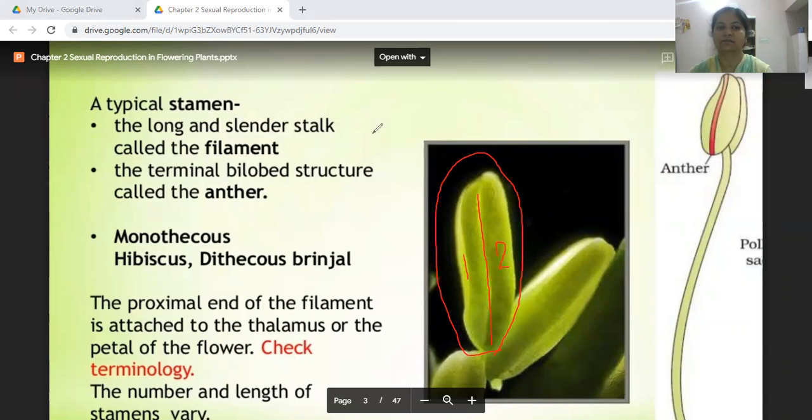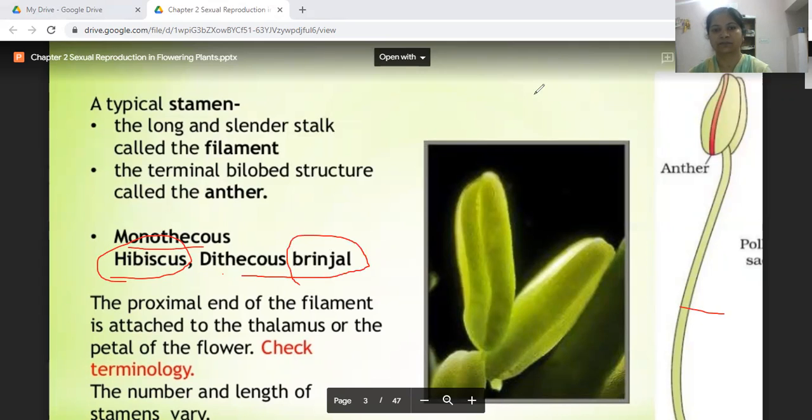The anther is a bilobed structure, and it also has a stalk-like filament which attaches it to the thalamus of the flower, where all the other parts are growing. So the lower part is the filament. Anthers are monothecous in hibiscus, which is an example. Most flowering plants are dithecous, like brinjal.